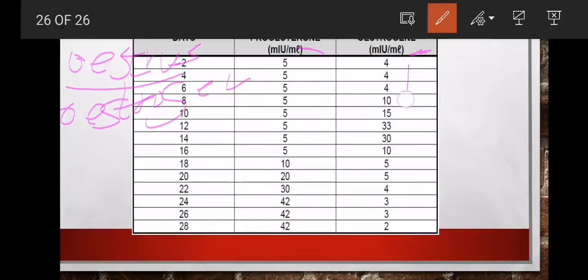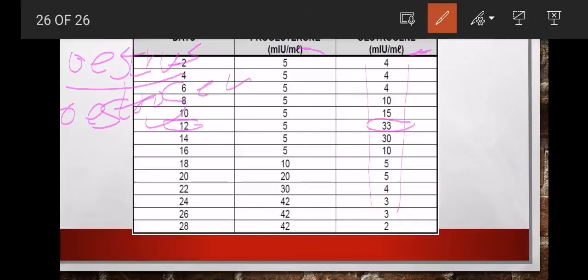Now you come and check here. At which day is the estrogen high? You check, it goes 4, 15, 33, now it comes back to 30, going to 10. So it means 33 is the highest. Which day is that?